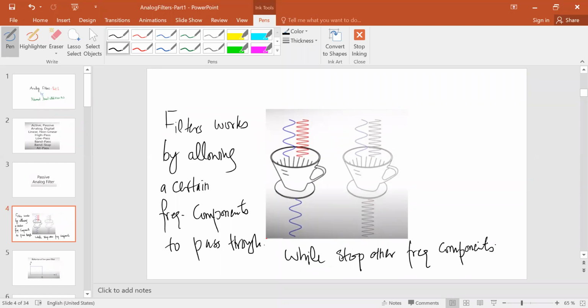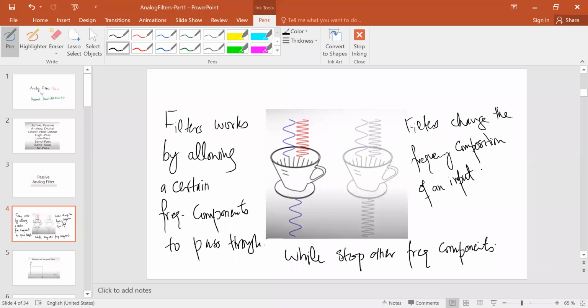So I can say that filters change the frequency composition of an input signal.